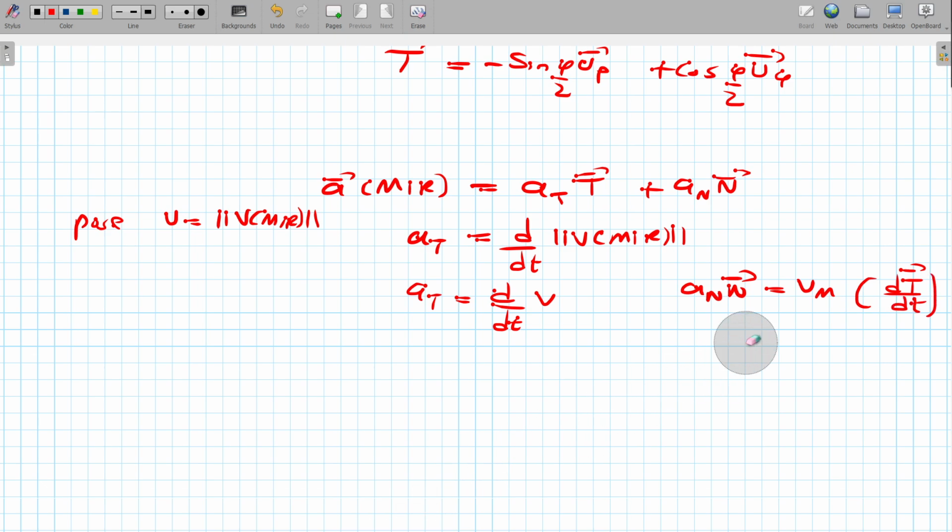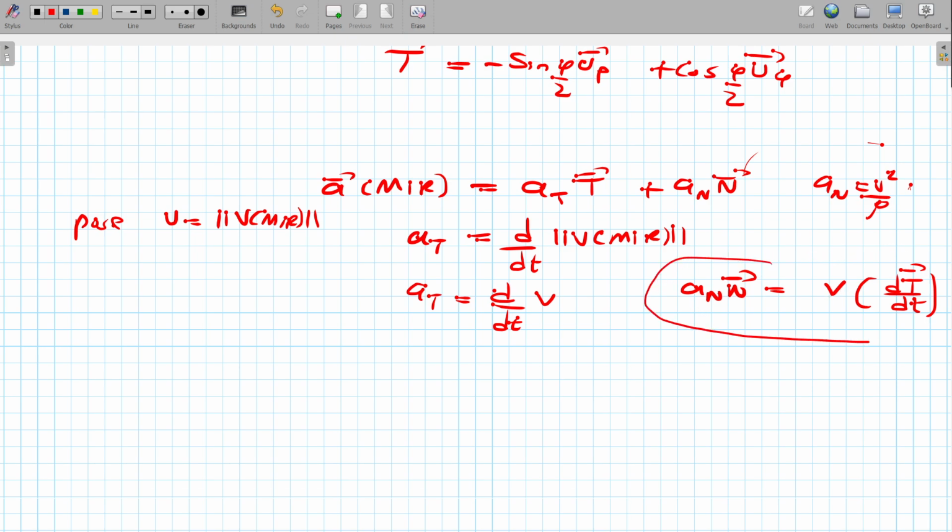Here it's actually V, not Vm, because I said V is equal to that. So this is what we have. Now, why haven't I written the final thing? Because we said that AN is V squared divided by rho, and now we want to find the vector n. The full thing here is what carries the n, like so. But then we have some unknowns here. So what we can do here is to write the whole thing.